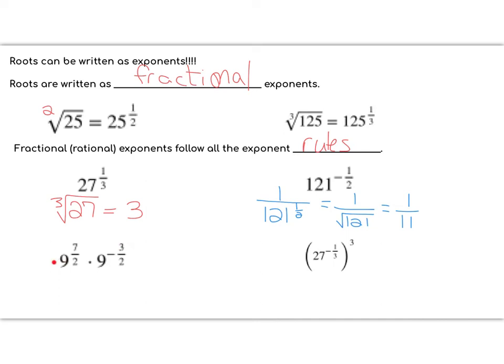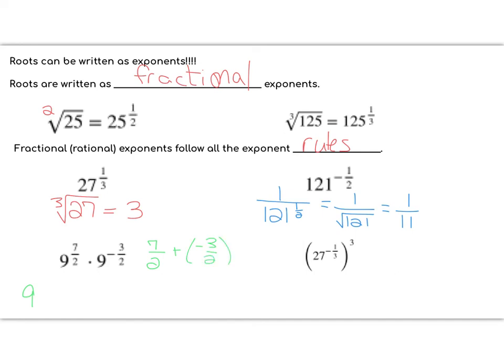But what I want to show here is that I'm multiplying with the same base. When I'm multiplying with the same base, what do I do to the exponents? I add, right? So I keep the base and I add 7/2 plus a negative 3/2, right?